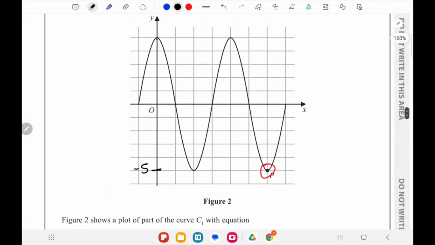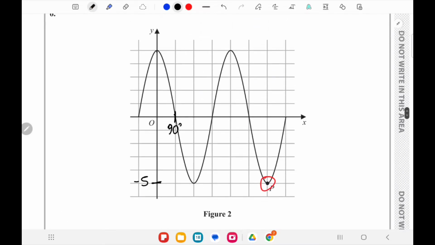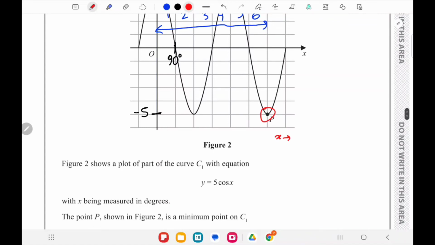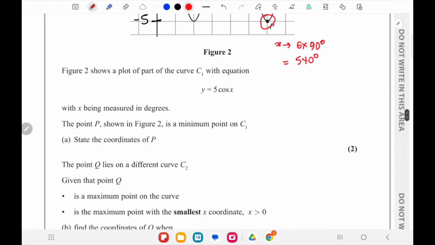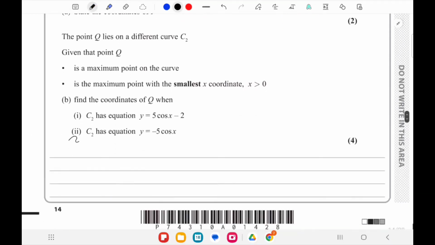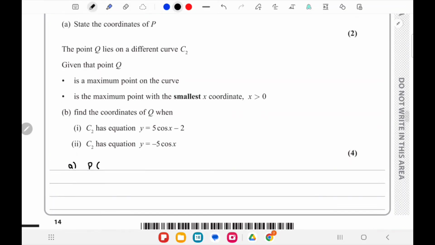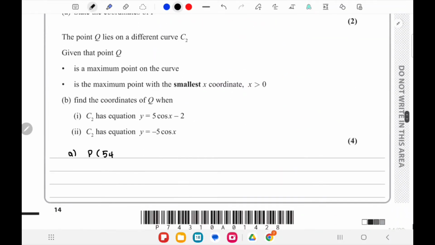So you see, one box would be 90 degrees. So this is how many boxes? 1, 2, 3, 4, 5, 6. So the x coordinate of this would be 6 into 90 degrees, which would be 540 degrees. So the coordinate of P would be 540 degrees, comma minus 5.